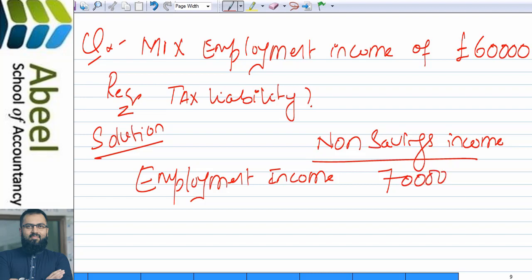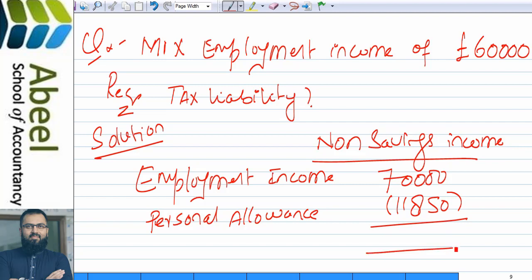You are not supposed to pay tax on the entire 70,000 in the UK. The UK tax authority, HMRC, will give you a personal allowance. Personal allowance is 11,850, which means you only pay tax on income over and above 11,850.